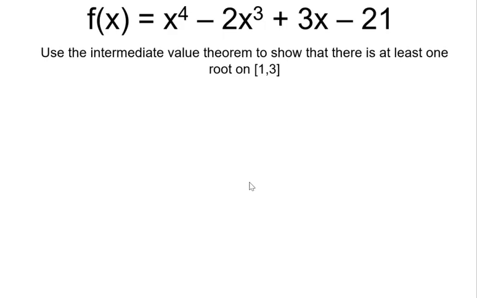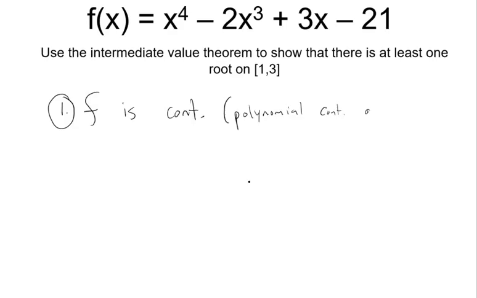So L is 0. All right, so if I want to use the intermediate value theorem, I've got to check my conditions. Condition 1: is it continuous? Yes, f is continuous, because it's a polynomial function. We know polynomial functions are continuous on their domains, which are all real numbers.